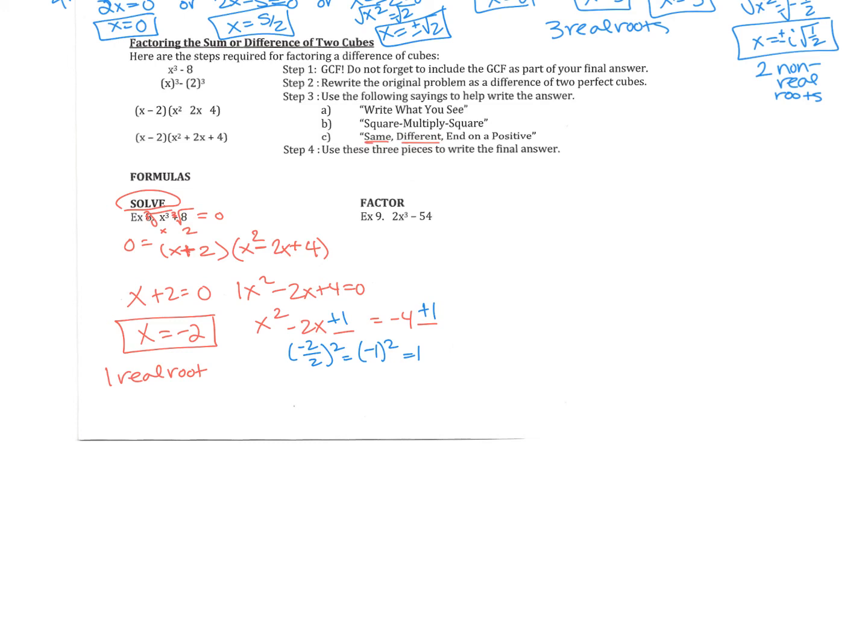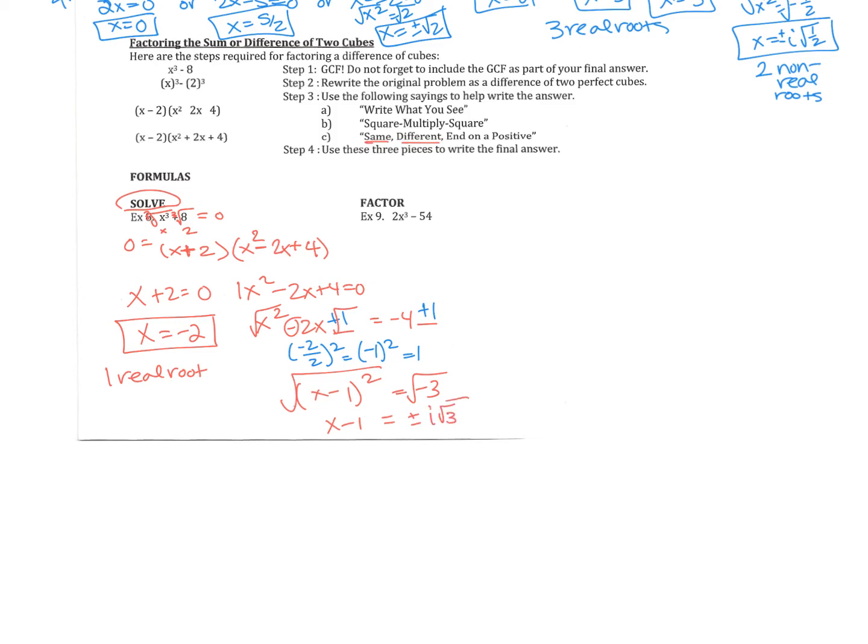And then this is a perfect square trinomial that factors into the square root of the first, the square root of the third, and the sign from the middle. And then that equals negative 3. So now I'm going to take the square root of both sides, and this gives me x minus 1 equals plus or minus, and the square root of the negative is i, and the square root of the 3 stays.